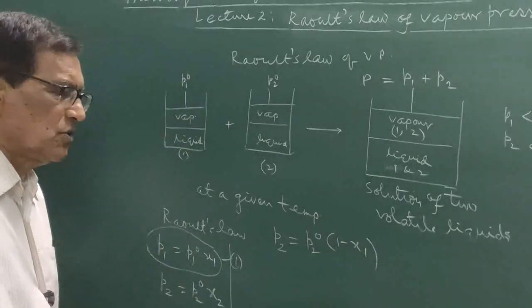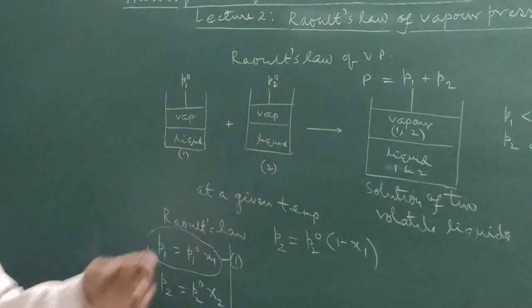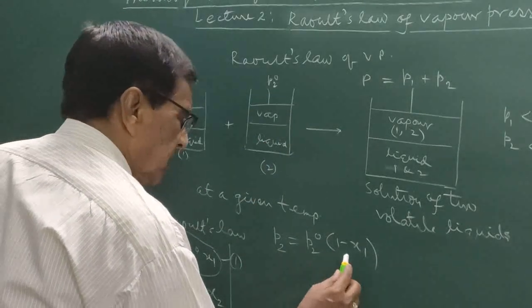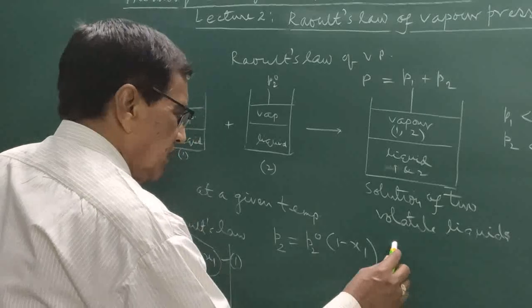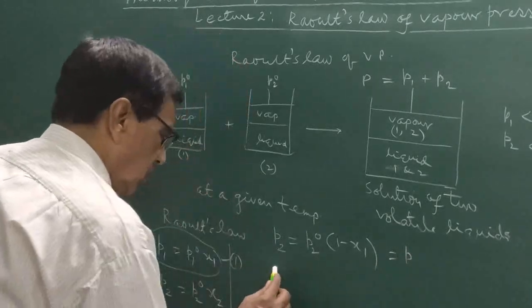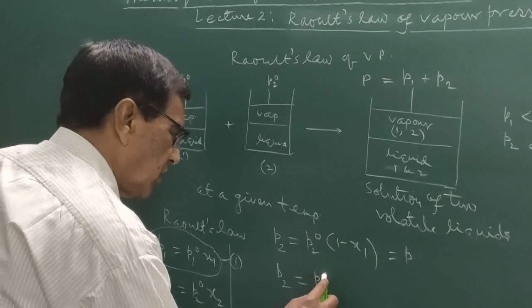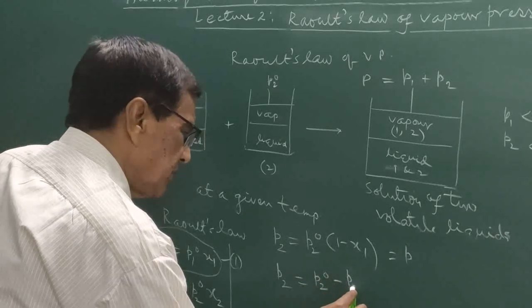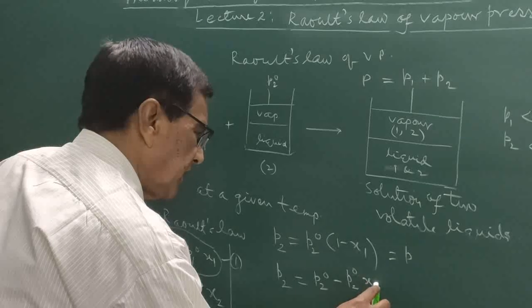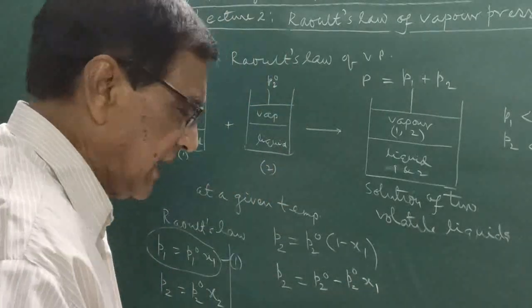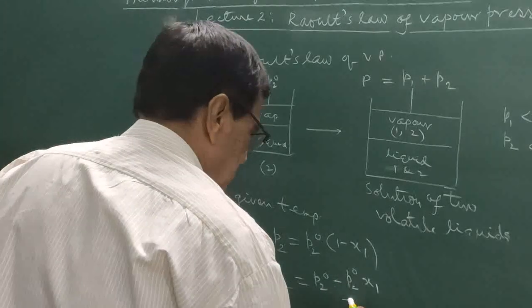As you know, X1 plus X2 equals 1 for this binary solution. So we can write P2 equals P2 naught minus P2 naught X1. And the total pressure, this is equation number 2.